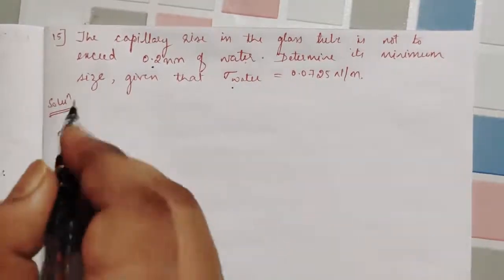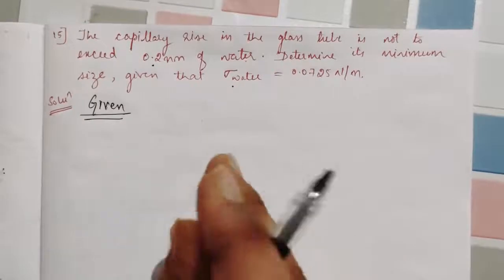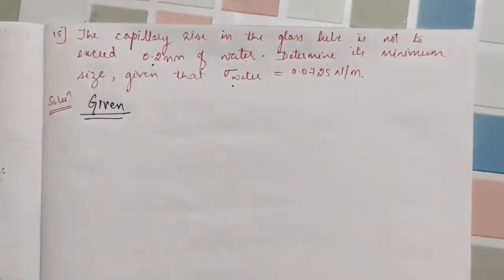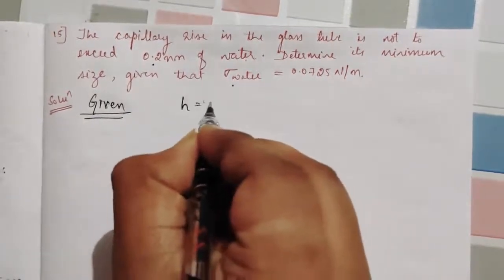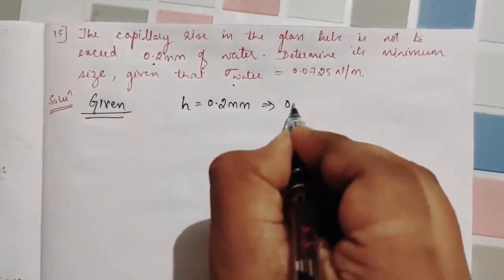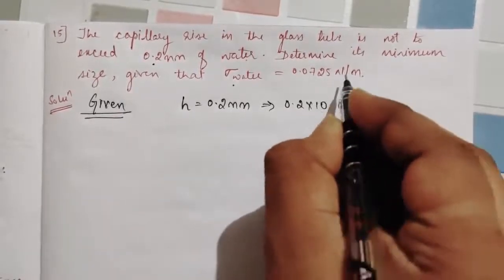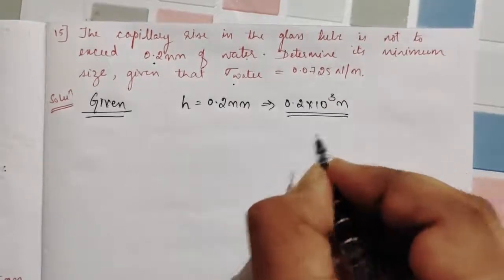So I will go directly to the problem. Given height H, that should not exceed 0.2 mm, so 0.2 into 10 power minus 3 meter.